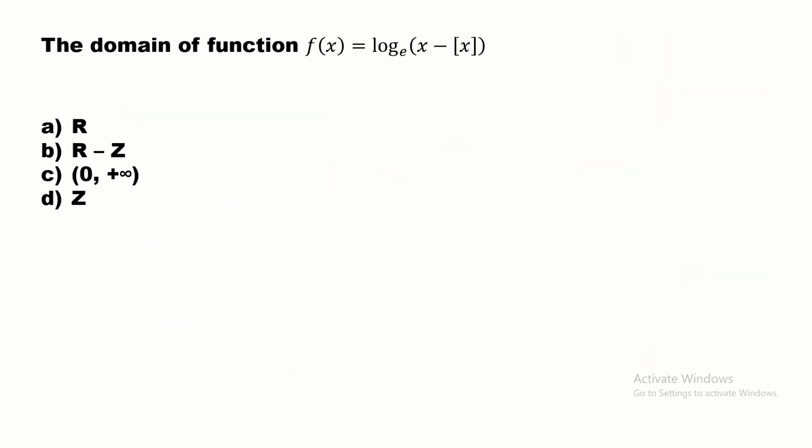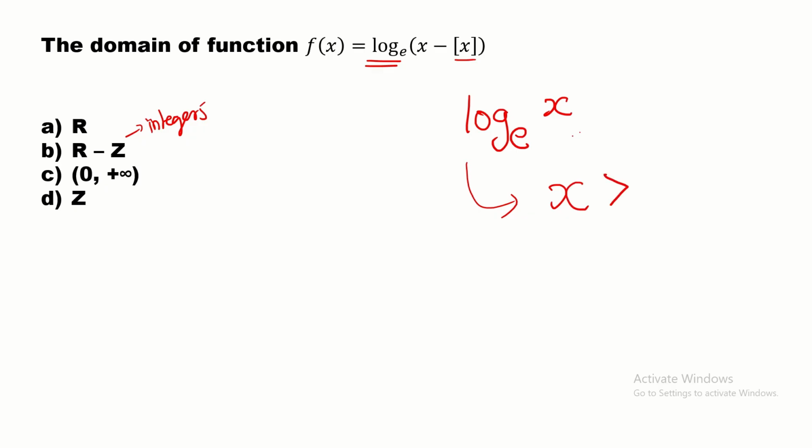Next question. The domain of the function f(x) equals log to the base e of (x minus greatest integer of x). Options are R minus Z, 0 to infinity, or Z, the integers. So for any log function, say log_e of x, the domain of log x is that x must be greater than 0.